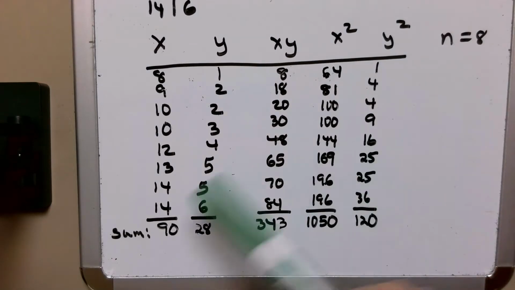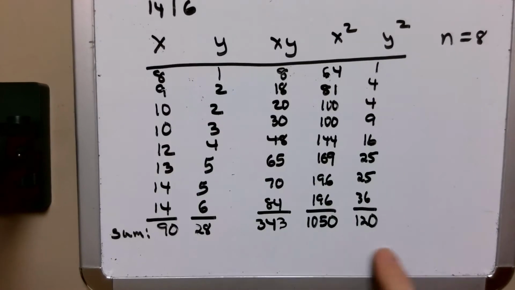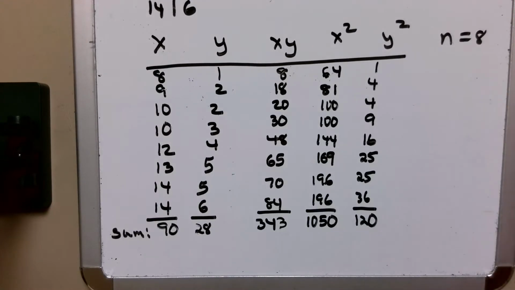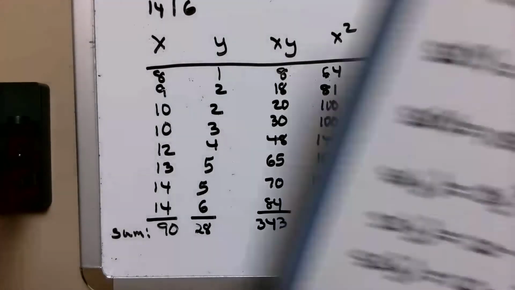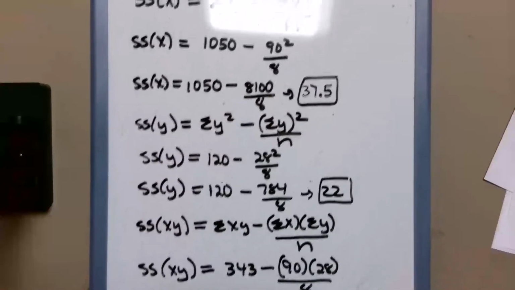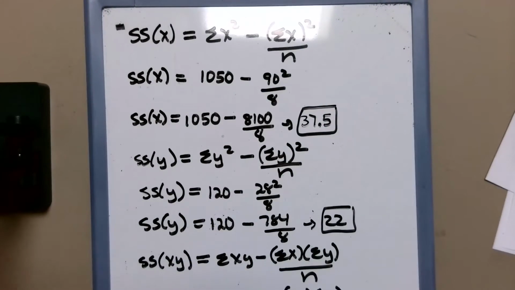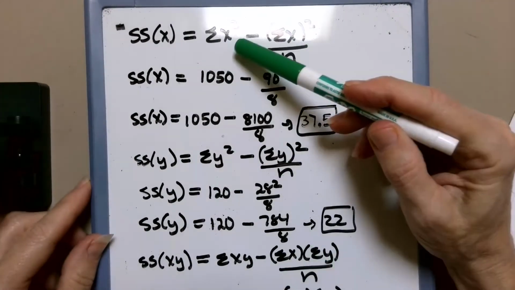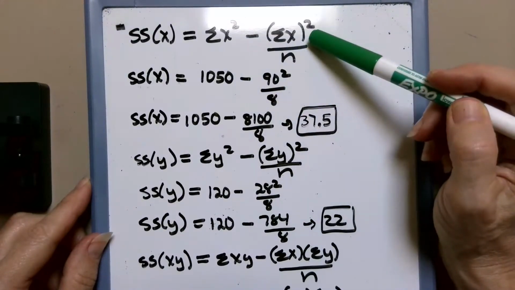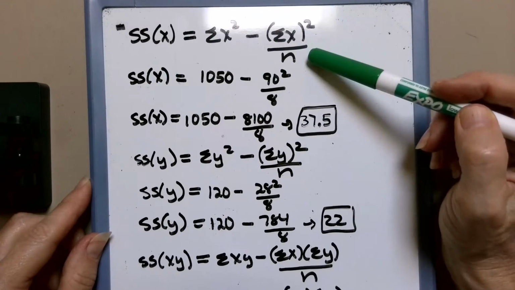So we're going to use those sums from the table, and the value of n equals 8, to calculate r, the sample correlation coefficient from our sample. Going to the formulas page, it says the sum of squares of X is the sum of the X squared column minus the sum of the X column squared over n.